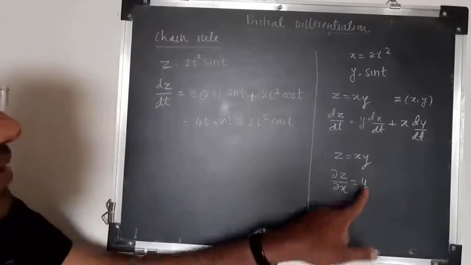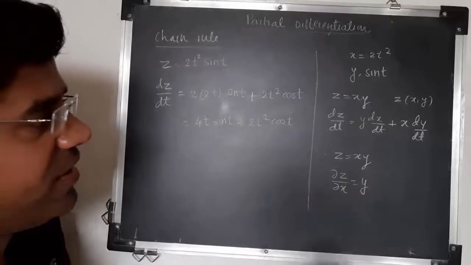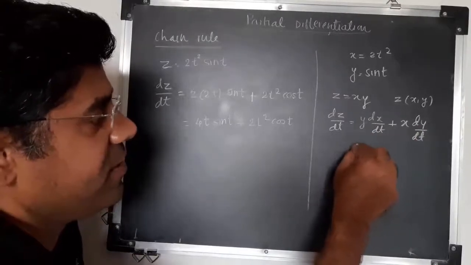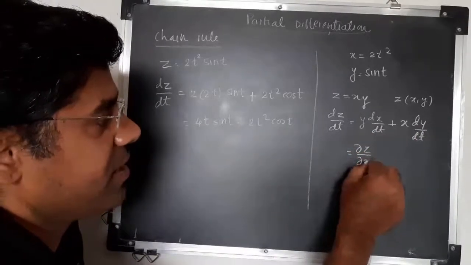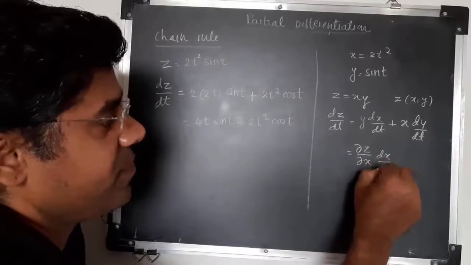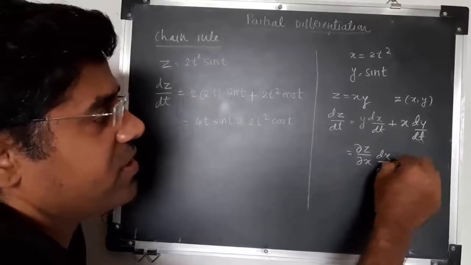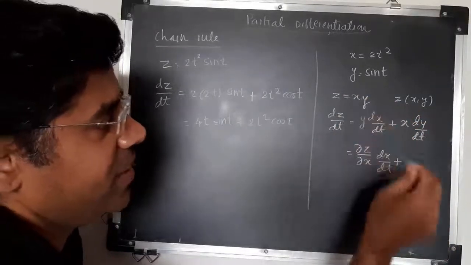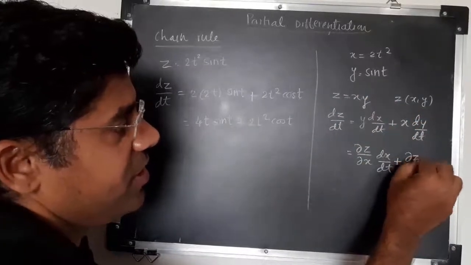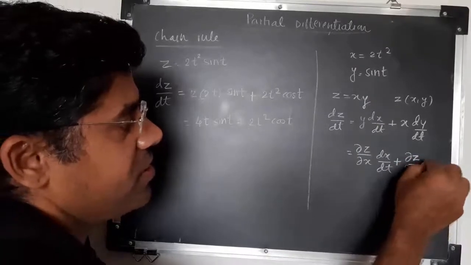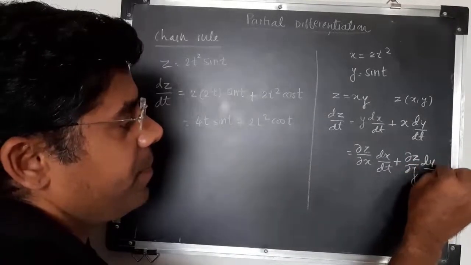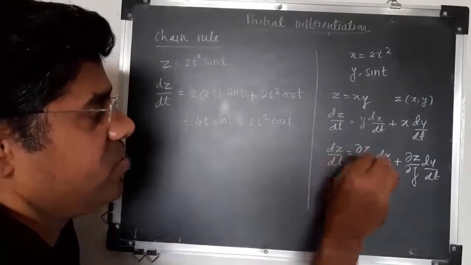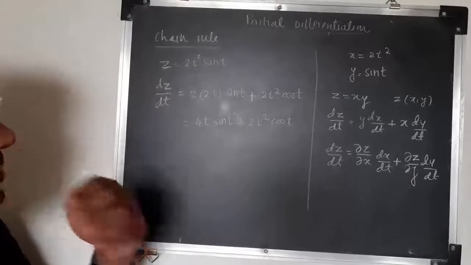So instead of the y value I can put this over here. Same thing for x. So y I can write as del z by del x into dx by dt, plus x I can write as del z by del y into dy by dt, and this is dz by dt. So you have already used this in several ways.